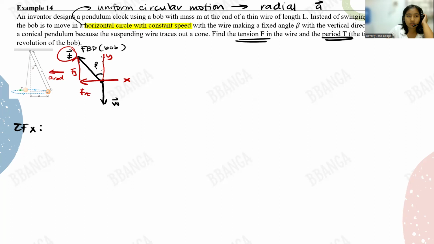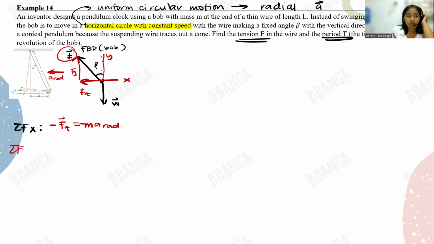No? So, ganun din dito. So, ibig sabihin sa X natin, meron tayong negative F i hat. And as you can see, sa X natin, meron tayong a-rad, no? Kasi to the center nga yung a-rad natin. So, this is equal to m a-rad, but negative kasi nga negative direction si a-rad.